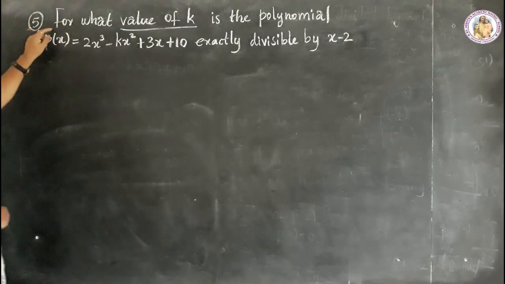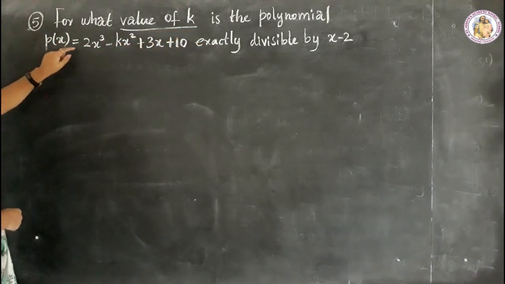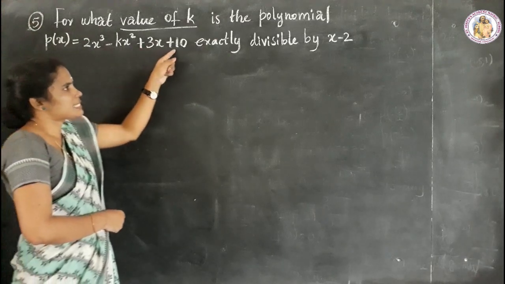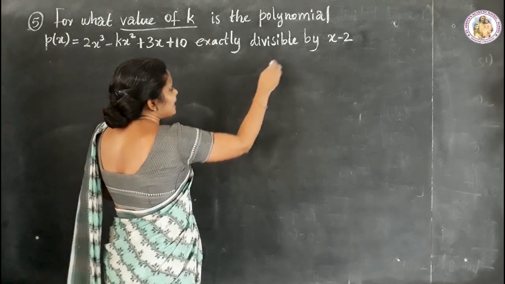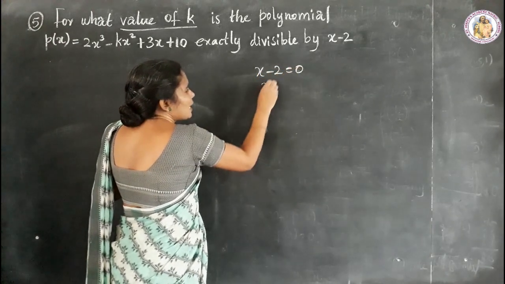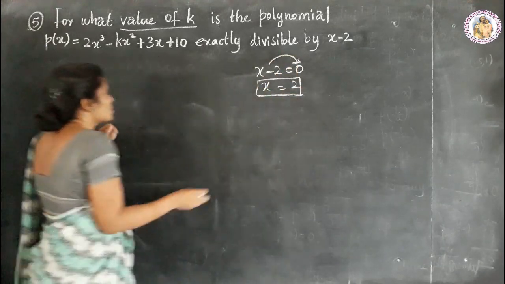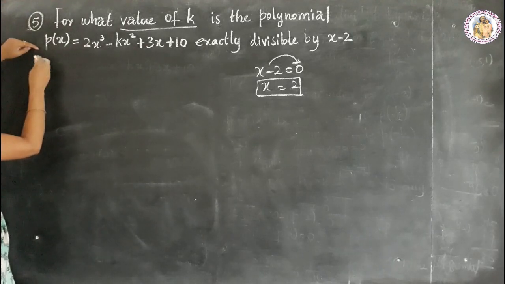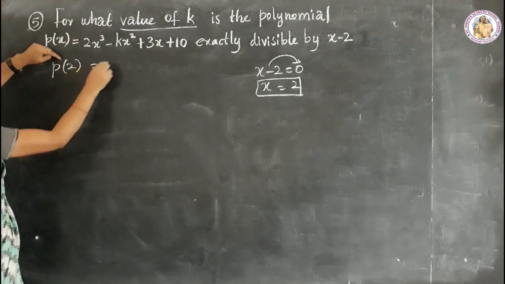Question number 5. For what value of k is the polynomial P of x is equal to 2x cube minus kx square plus 3x plus 10 exactly divisible by x minus 2? So when it is exactly divisible, x minus 2 is equal to 0, x is equal to minus 2, when it comes to the right side it becomes plus 2. So now the polynomial P of 2 is equal to 0.